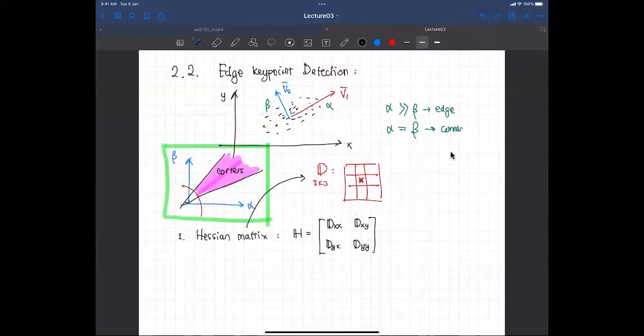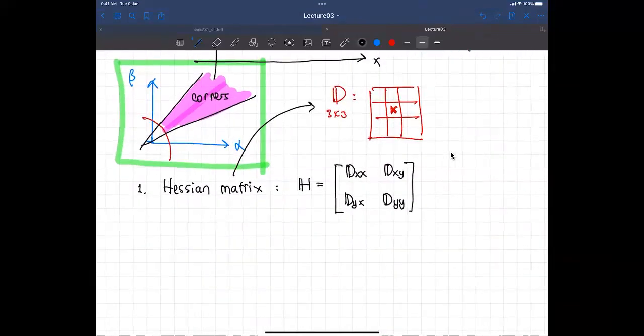Okay, so basically we want to get the corners, and the operation here is first we have to find the Hessian matrix. The second step is that we want to find the trace of this Hessian. What is the trace of this H? Can anyone say it here?